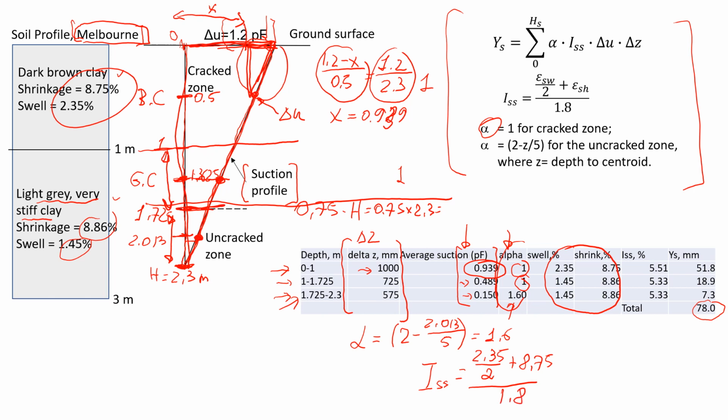So that should give you, in percentage, 5.51%. So that's the value. Okay, so you do the same for this layer and this layer, and you're gonna get these numbers.